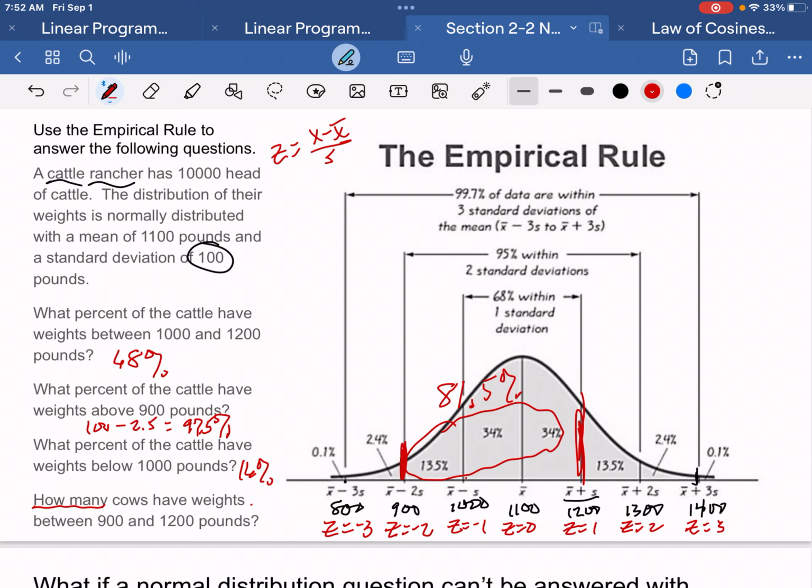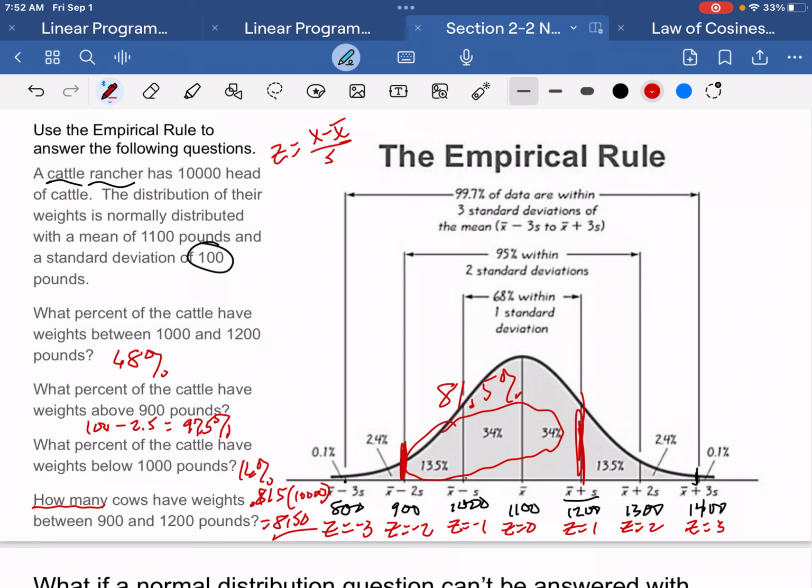So if I take 0.815 times 10,000, that would scoot that decimal over 4 places, and that would be 8,150 of his cattle have weights between 900 and 1,200 pounds.